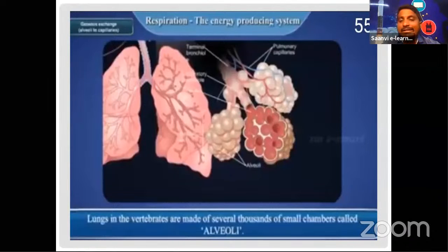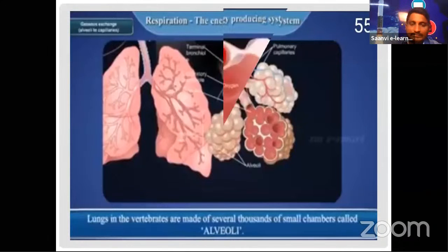So lungs in the vertebrates are made of several thousands of small chambers. Those small chambers, air sacs, are called alveoli.